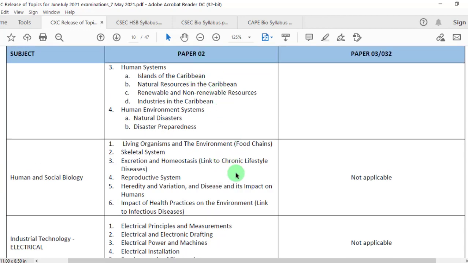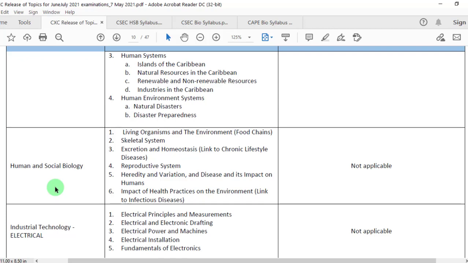So this is the paper 2 column, and this is the paper 3 column. And as I'm sure we're all aware, there's no paper 3 for Human and Social Biology because this subject does not include SBAs, which paper 3 is a stand-in for, for private candidates.